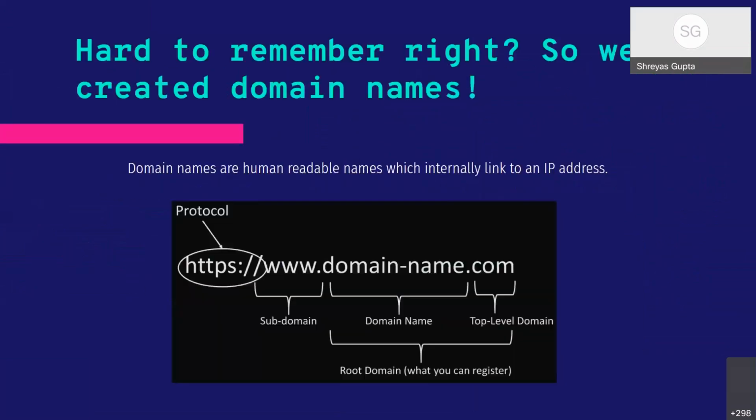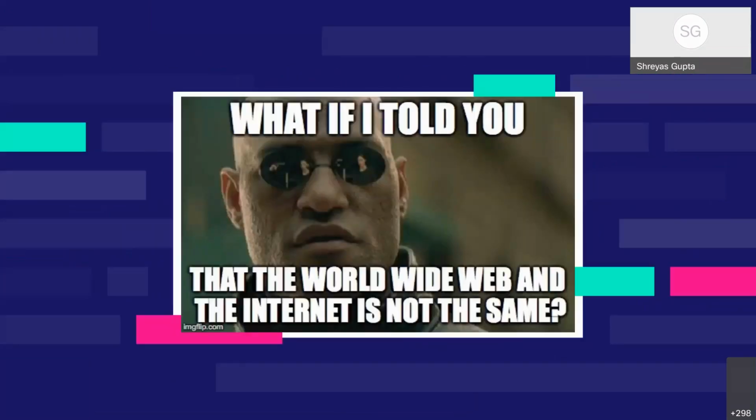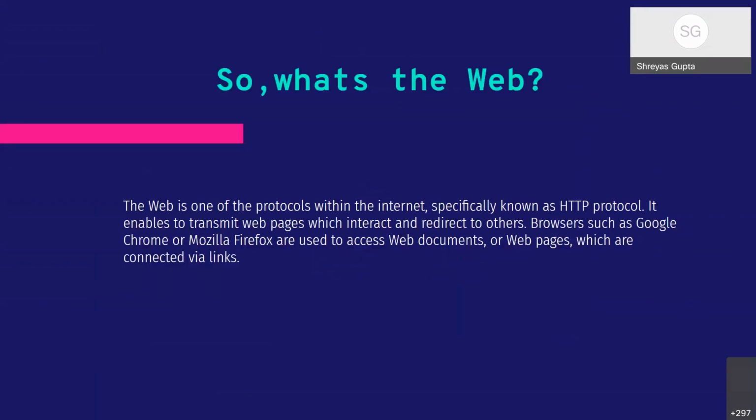You can talk in any way you like between these computers. There are many different protocols, in many different formats. The web is just one of them, the protocol within the internet that is specifically known as the HTTP protocol.